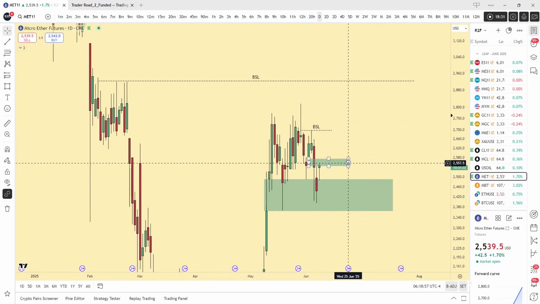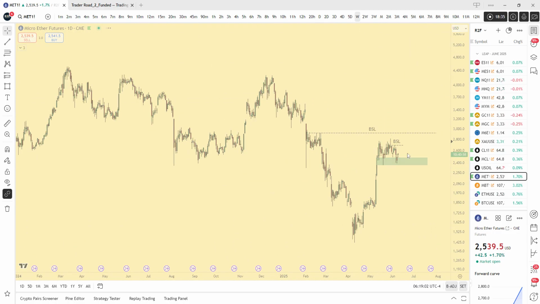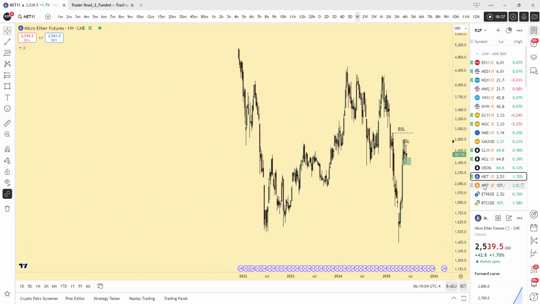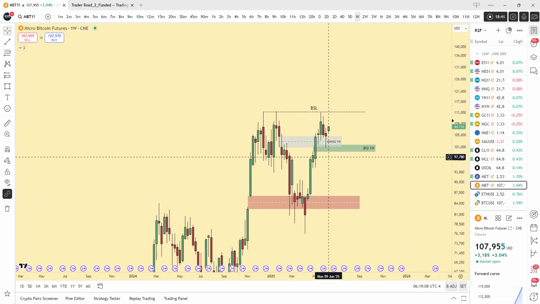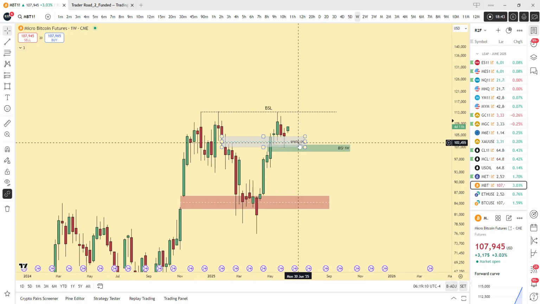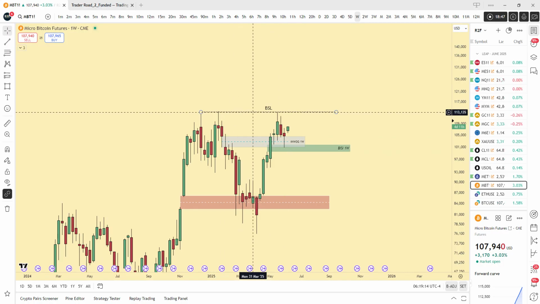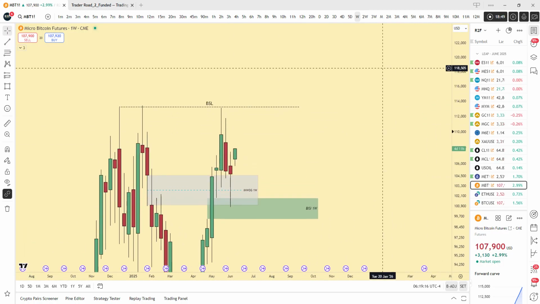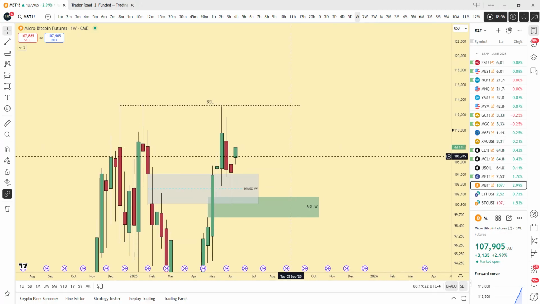Okay, but I do believe we're gonna push higher because, especially on Bitcoin, I think it came down to this new inversion, new week opening gap, very nice, and look at this equal high. It's like, come on, dude, come on, man. You don't need to get Elon's opinion on crypto.